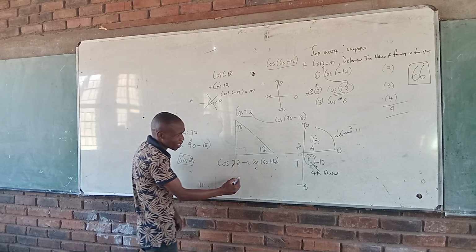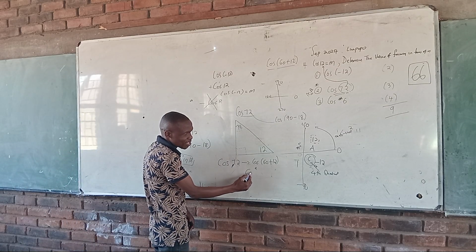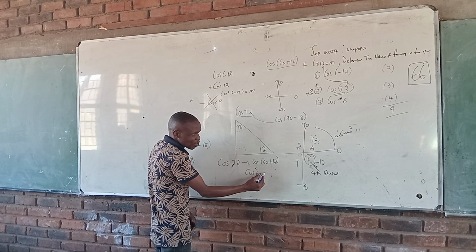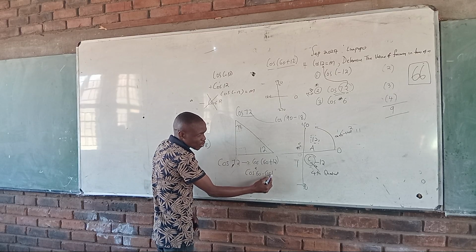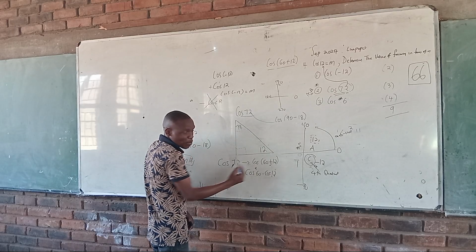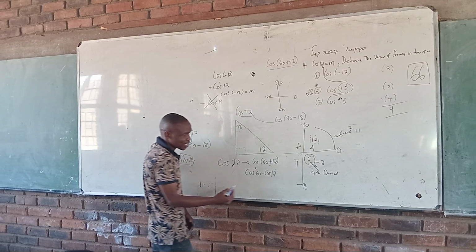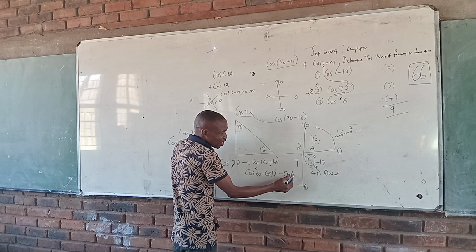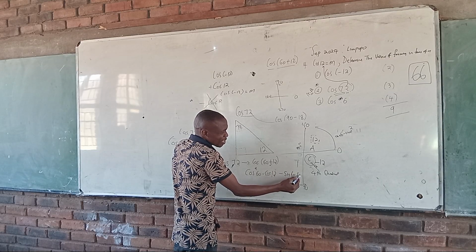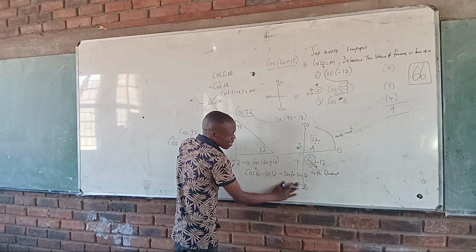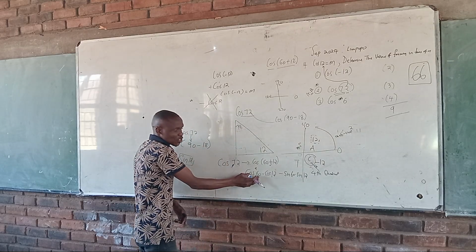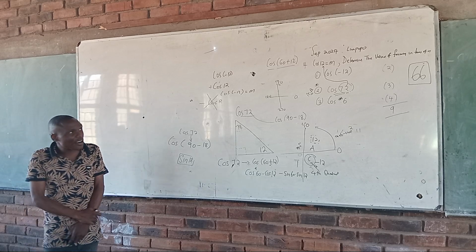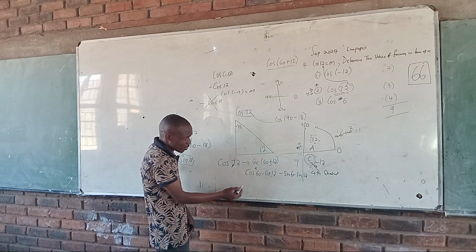So it's going to be cos 60 times cos 12, and if it's positive, it's going to be negative: minus sine 60 times sine 12. What is cos 60? You can press it on your calculator. What is cos 60? 1 over 2.